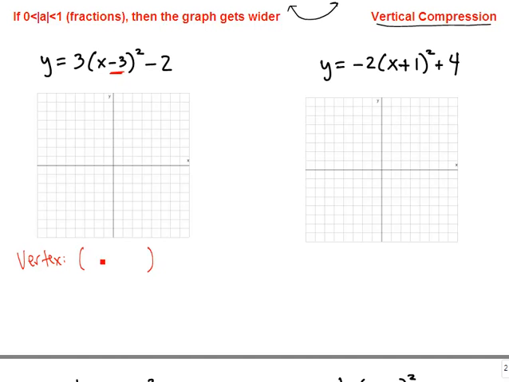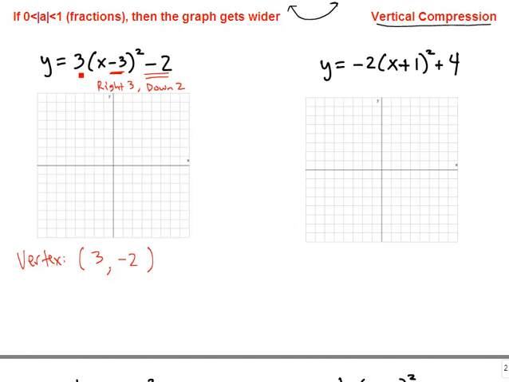So if I see a minus 3, then the x value is positive 3. The y value is exactly the same number that we see on the end here, so that's going to be that minus 2. In terms of transformations, this minus 3 is going to be a shift right 3, backwards from what we would expect, and then the minus 2 on the end is going to shift us down 2.